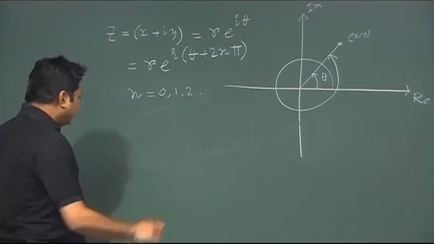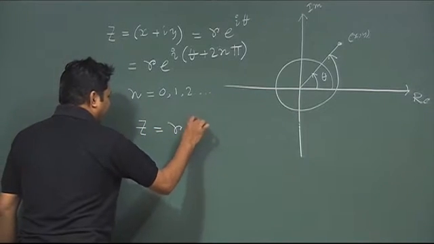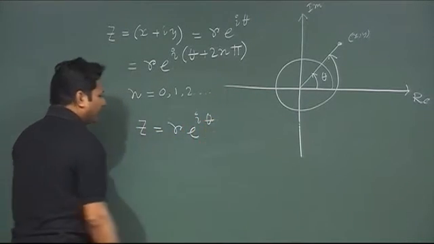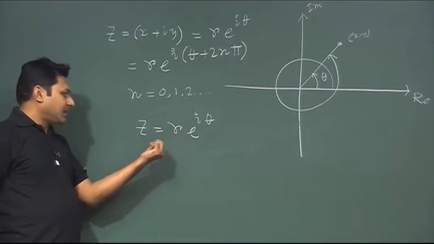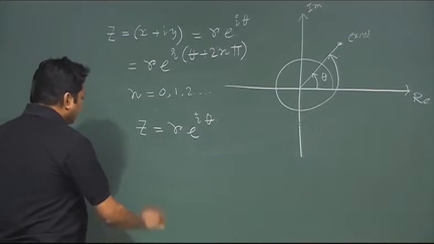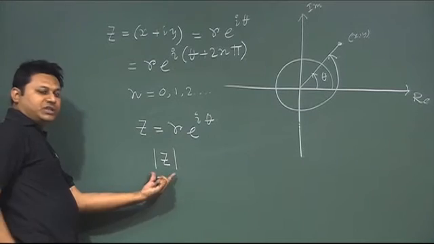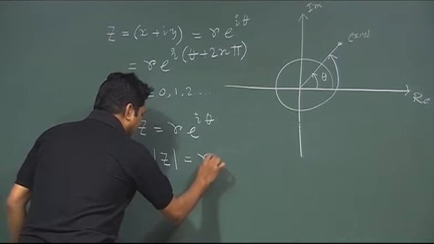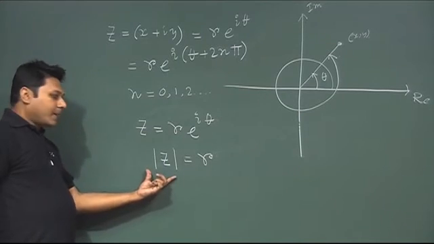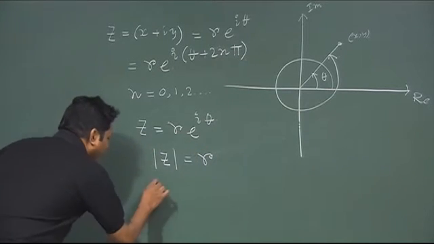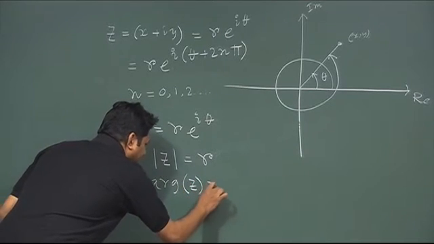When I was representing a number z equal to r e to the power i theta, and I try to write r and theta in terms of z, then normally we wrote mod of z is equal to r. Just a few minutes ago I saw that. Not only that, this theta we wrote as argument of z.